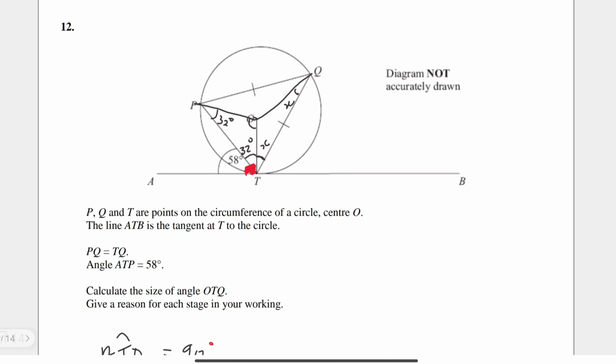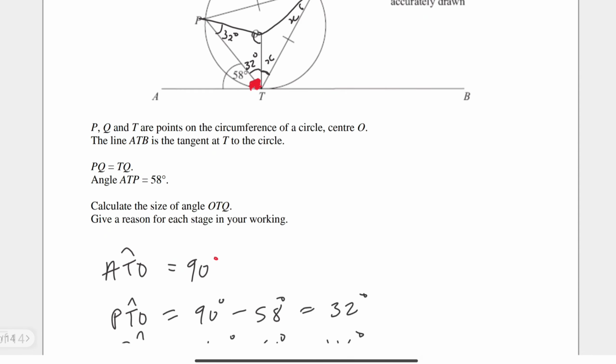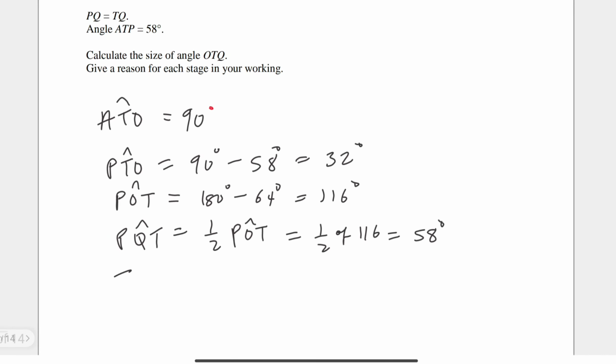So if this is 58 degrees, that implies that TQO is going to be half of PQT, and that equals half of 58, which is equal to 29 degrees.